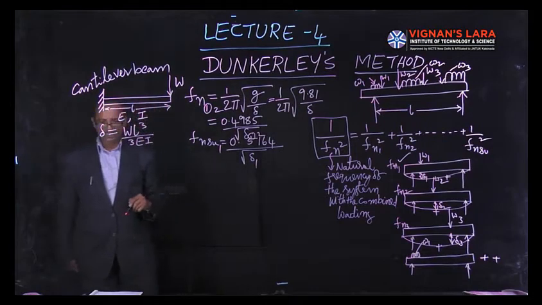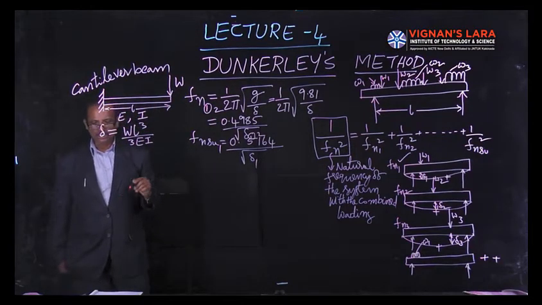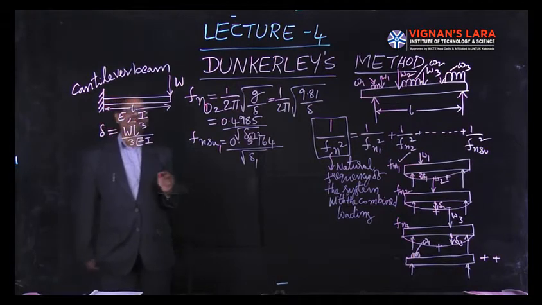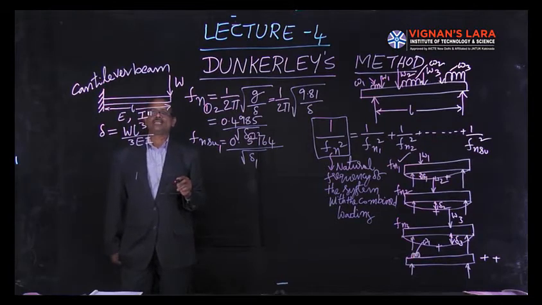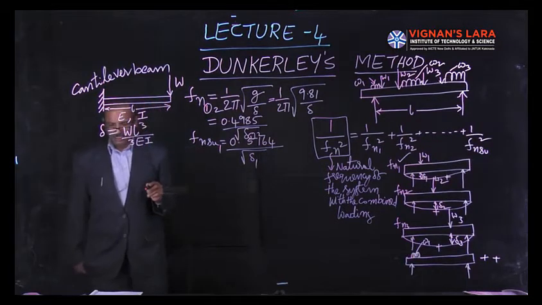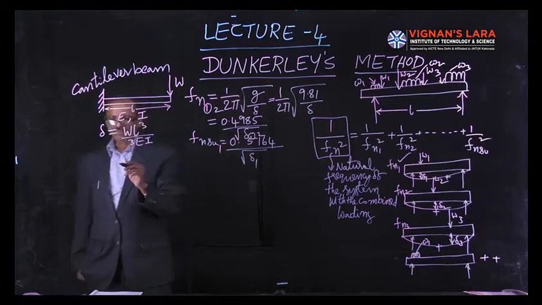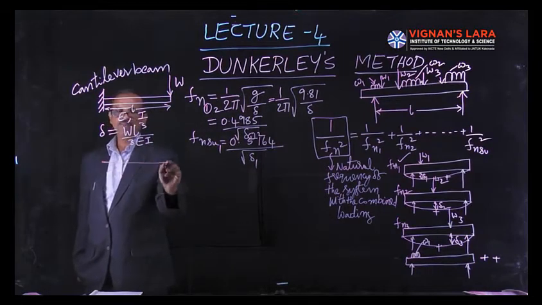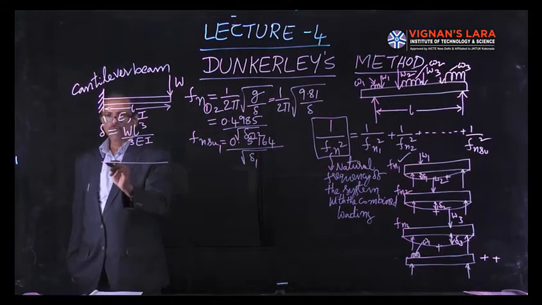So this is the delta equation for a cantilever beam subjected to a point load at the free end, WL cube by 3EI.